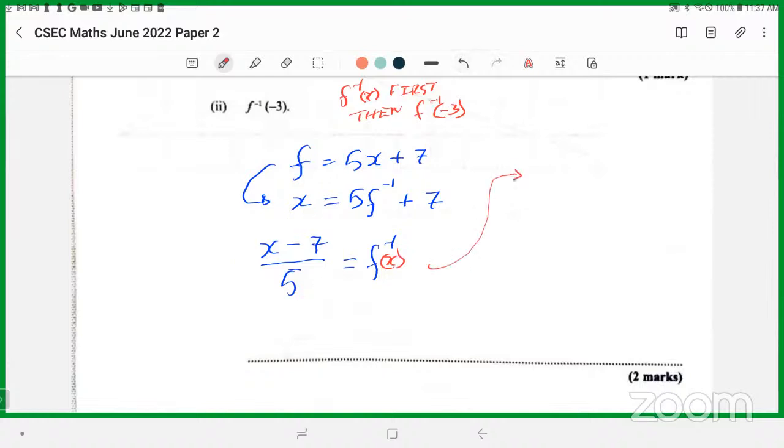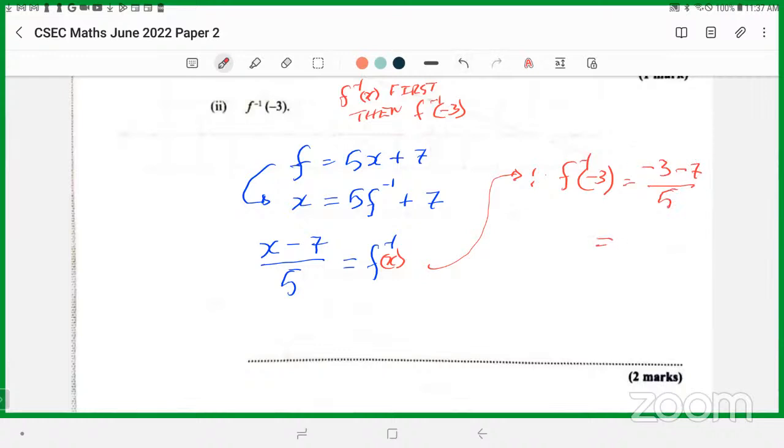So from this now, we can calculate f to the minus 1 of negative 3. So we can say, therefore, f to the minus 1 of negative 3 means I want to put negative 3 inside here. So we're going to get negative 3, that's where the x is, we put the negative 3 minus 7, divided by 5. This is negative 10.